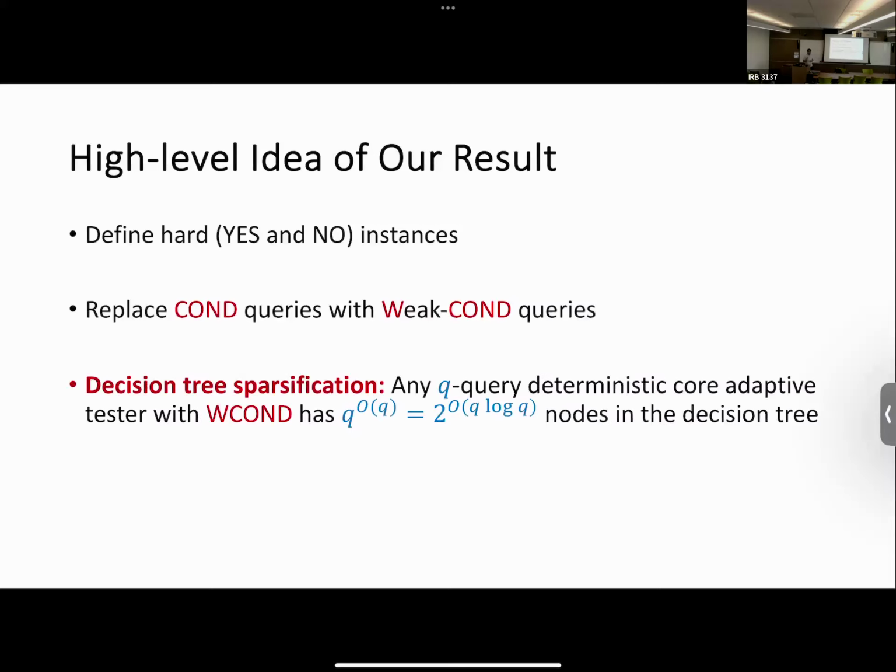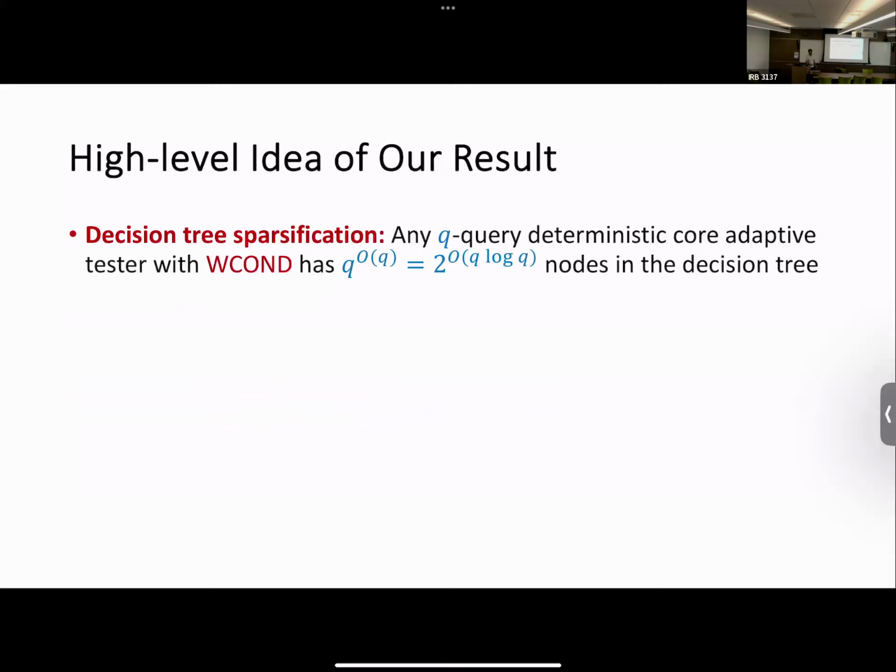And then it helps us in further sparsifying this decision tree. So previously the number of nodes could be 2 to the Q squared. Now using this weaker conditioning model, we show that this decision tree would have at most Q to the order Q nodes. So this is basically 2 to the Q log Q. So from 2 to the Q squared, now we have 2 to the Q log Q.